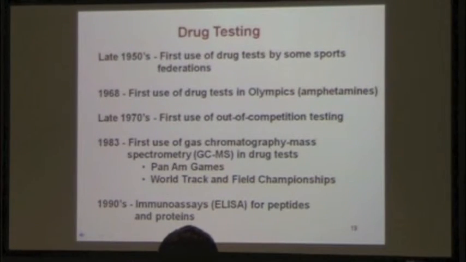Today, we not only use GC mass spec, but also methods for detecting peptides like ELISA immunoassays. So one can detect peptides, proteins. It can determine the structure of the protein and the peptide. So if somebody's been using an analog of growth hormone, for example, you can tell exactly which analog they're using. Things have gotten very sophisticated over the years. But that doesn't stop athletes from trying. They still try to test the system in spite of that.